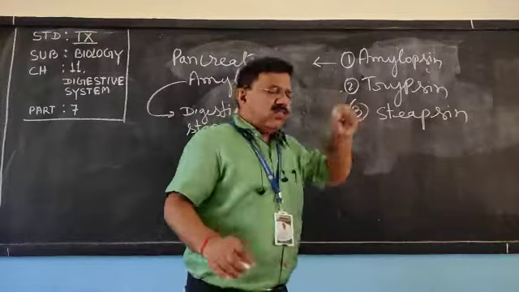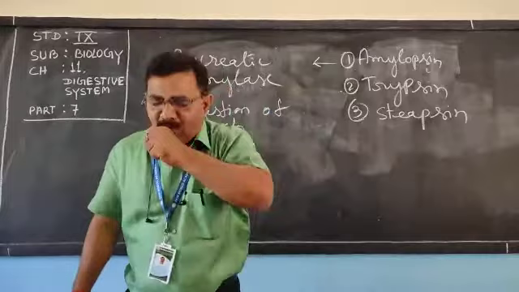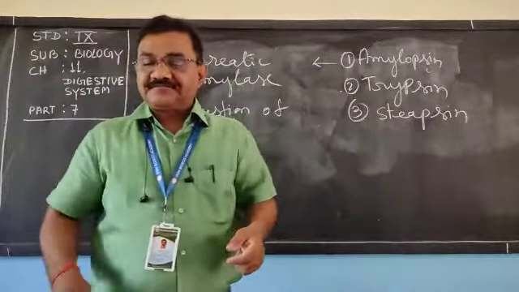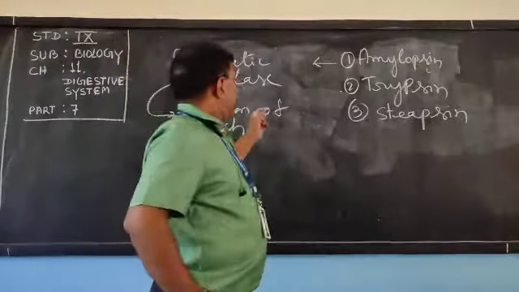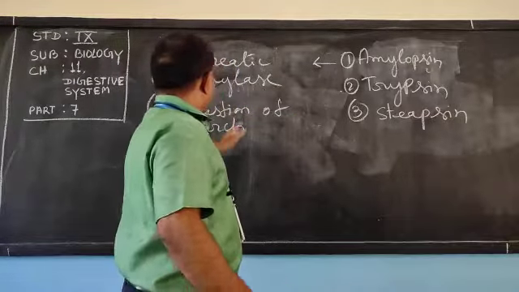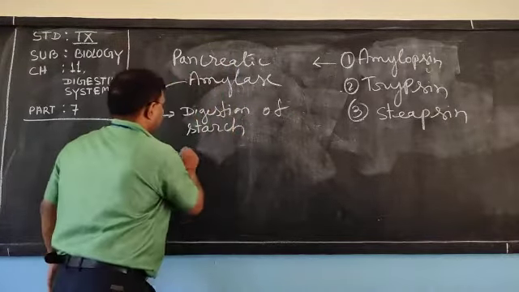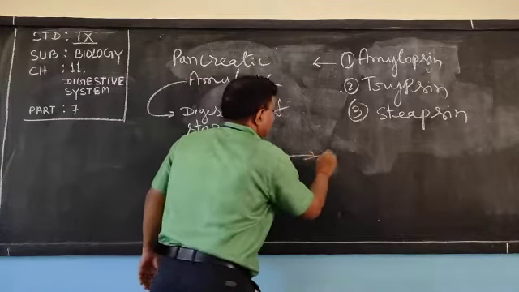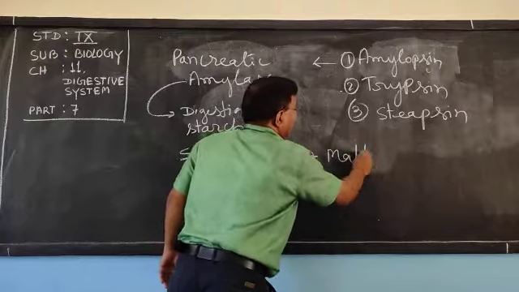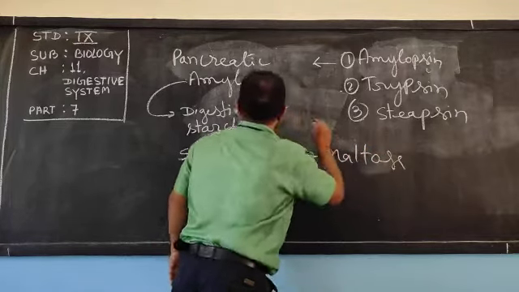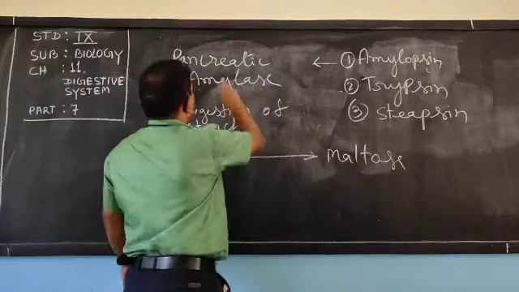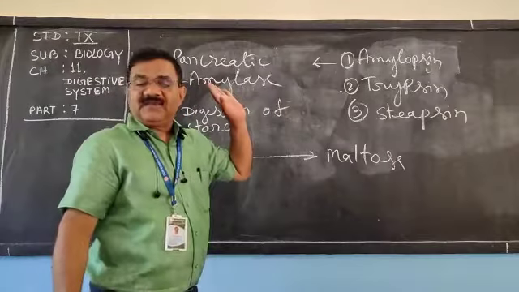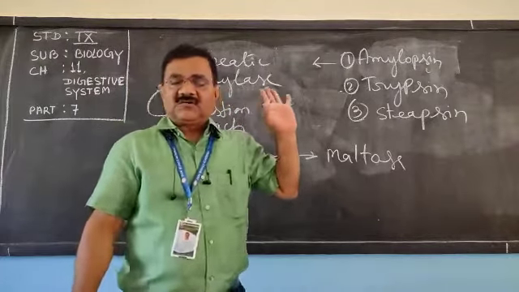How is it completed? It digests starch into maltose. Starch is converted to maltose, a type of sugar, with the help of pancreatic amylase or amylopsin. Understood or not?